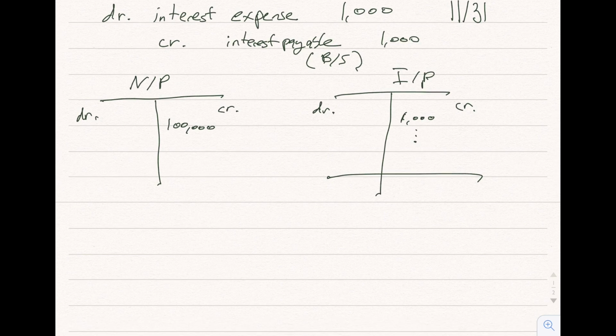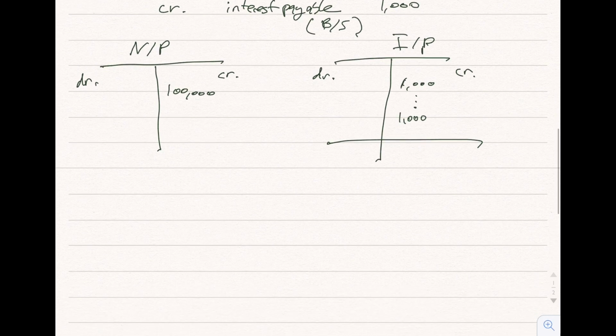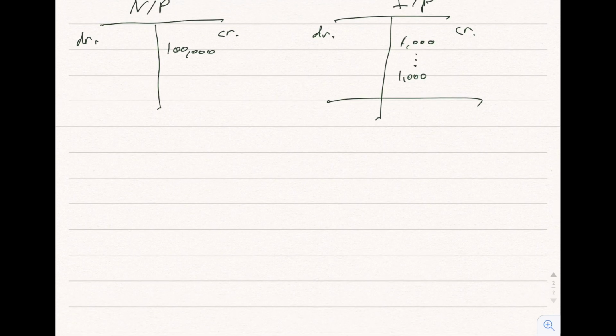So we have November 31st, December 31st, it's going to be the same thing, right? We're going to have that 1,000 expense and that interest payable 1,000 again, adding to the total. But eventually, it's going to come time to pay the amount. So we said that March 31st is the first time that interest is due.